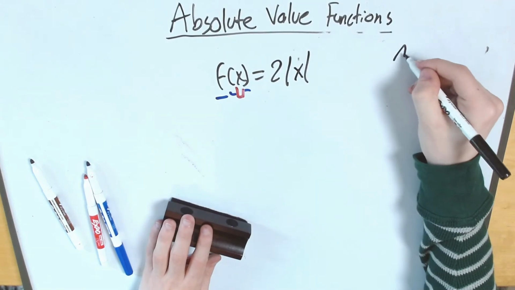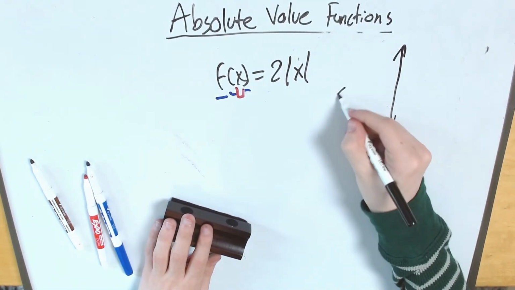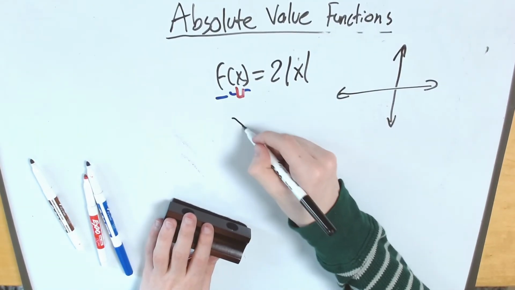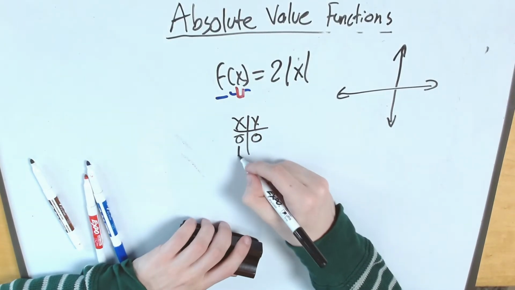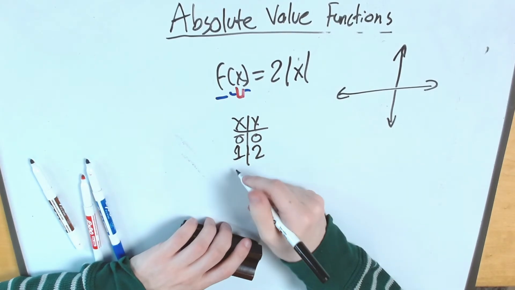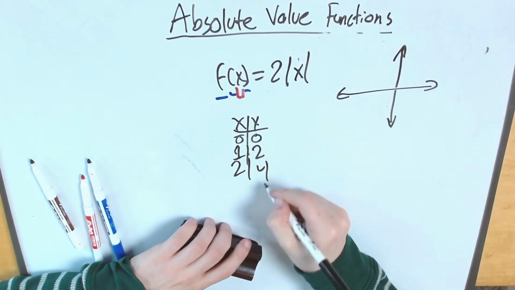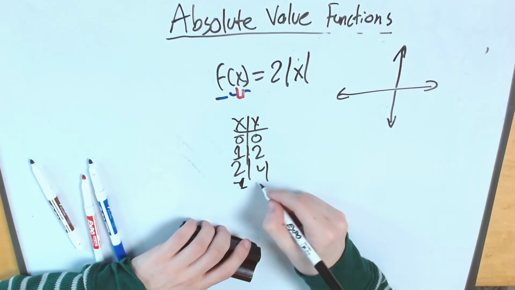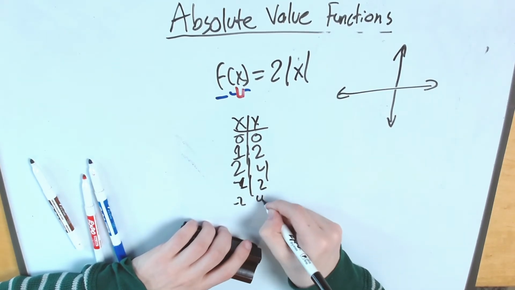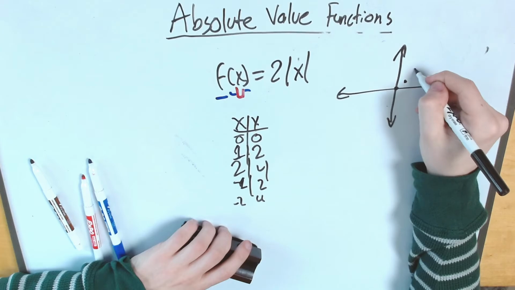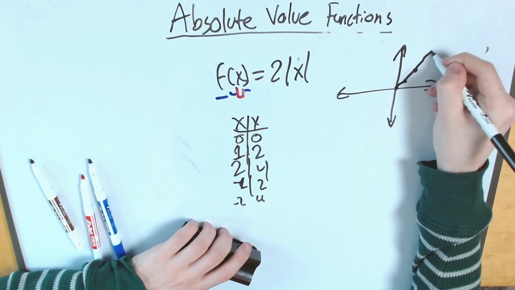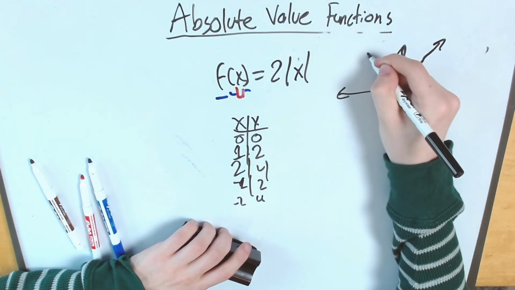What's that going to look like? We're going to have 0, 0. But I plug in 1, I'm going to get 2. I plug in 2, I get 4. And I plug in negative 1, I also get 2. And negative 2, I'll also get 4. So we'll have something like this, where my slope will just be steeper.